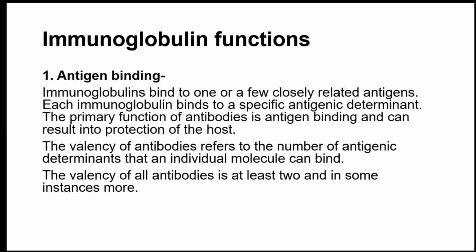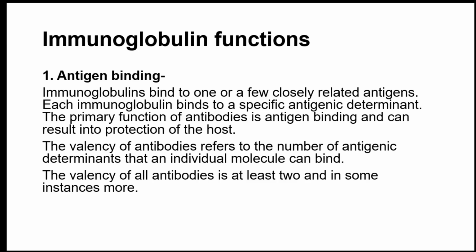Now, the immunoglobulin functions. Function number one is antigen binding. As you shall see in their structure, these immunoglobulins are able to bind one or a few closely related antigens.